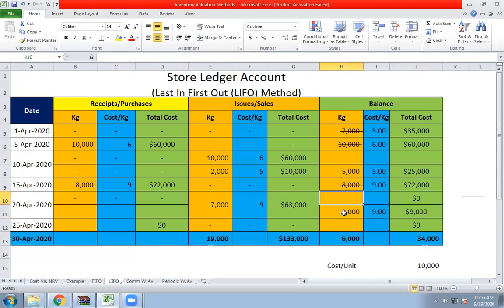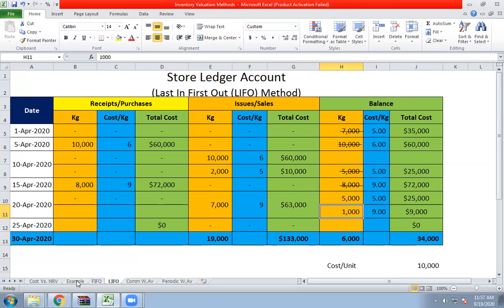But I already have 5,000 kg in stock whose value is $5. So I'll put a line on that as well because I have restated my balance below. So now I have this 6,000 kg in stock, 5,000 valued at 5, which was part of opening stock, and 1,000 kg which I have purchased recently.